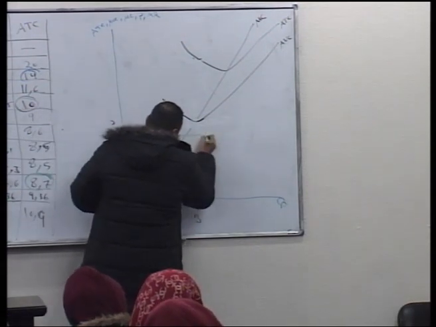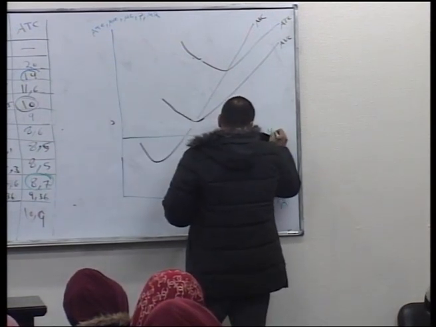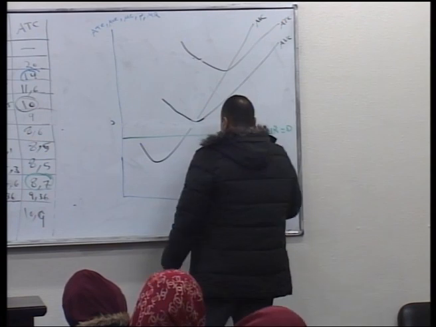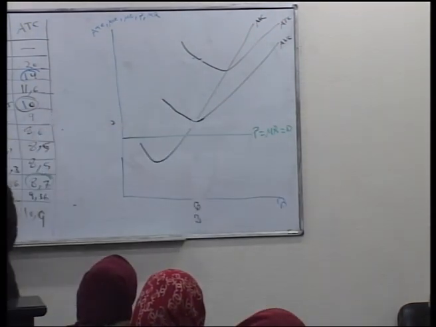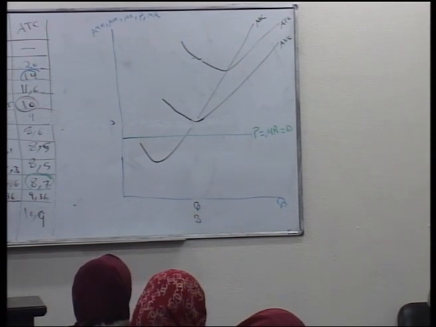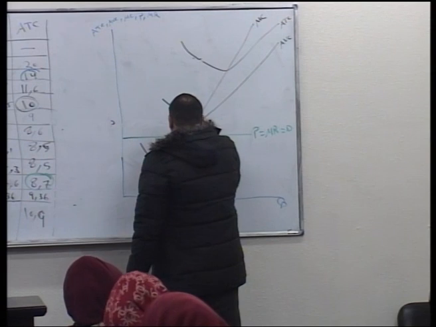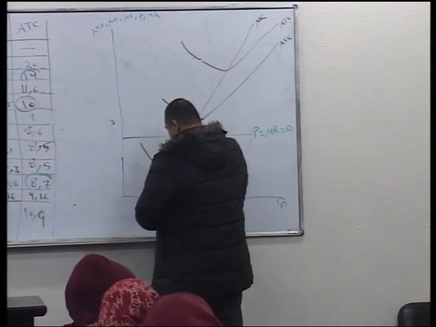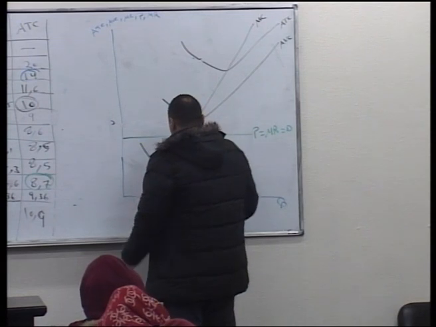Here, price equals MR equals D. What do you see? Here's the equilibrium point. What is your advice here?